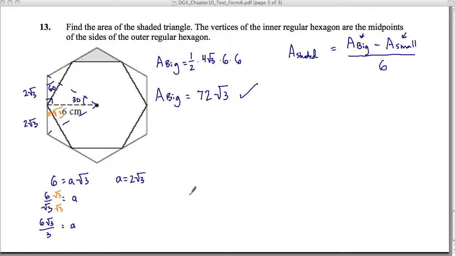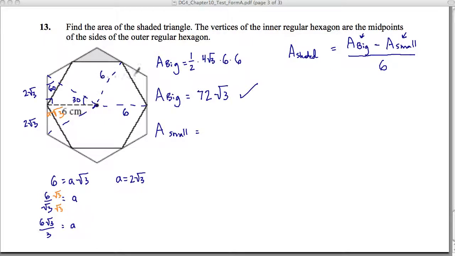Check it off. Now the area of the small hexagon. Again, this is going to be a similar kind of process. I'm just going to work on this side. Remember, this length right here is 6. So let's get this length right here. Notice we've got one triangle of the smaller hexagon.